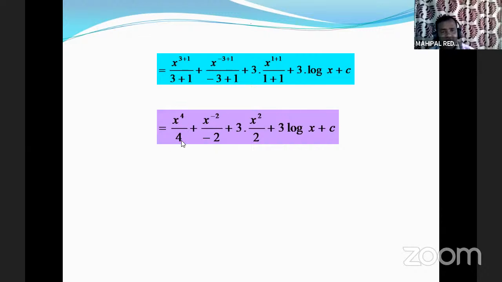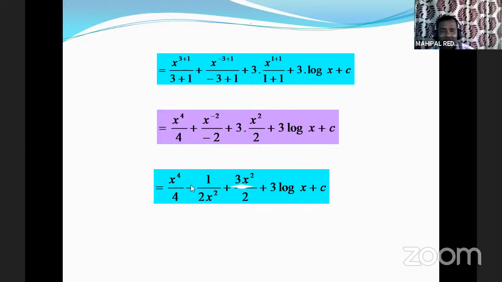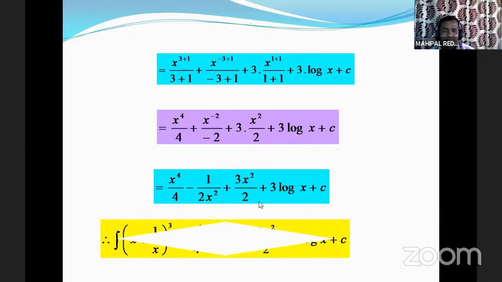That is x power 4 by 4 plus x power minus 2 by minus 2 plus 3 into x square by 2 plus 3 log x plus c. It can be written as x power 4 by 4 minus 1 by 2x square plus 3x square by 2 plus 3 log x plus c. Therefore, the integration of (x plus 1 by x) whole cube equals x power 4 by 4 minus 1 by 2x square plus 3x square by 2 plus 3 log x plus c.